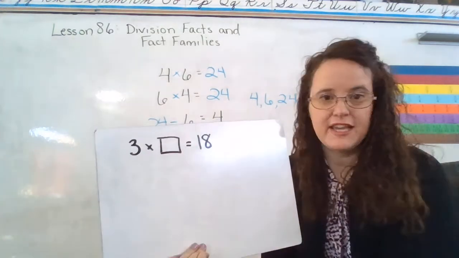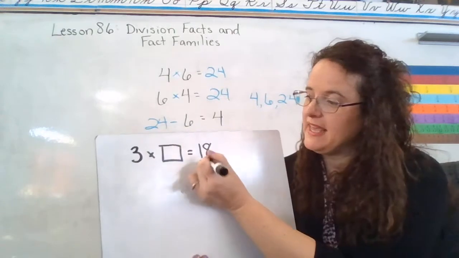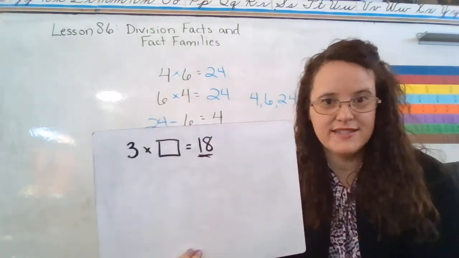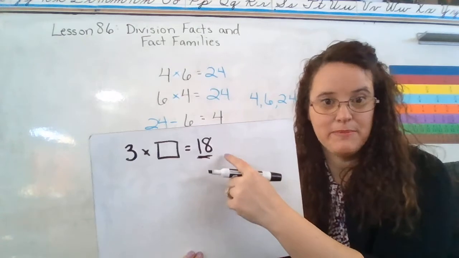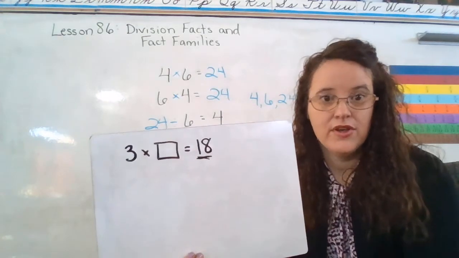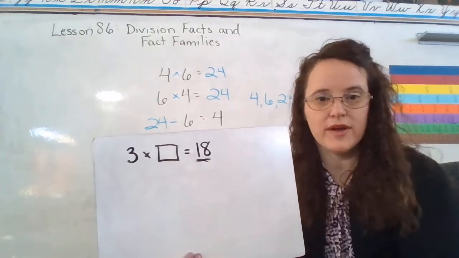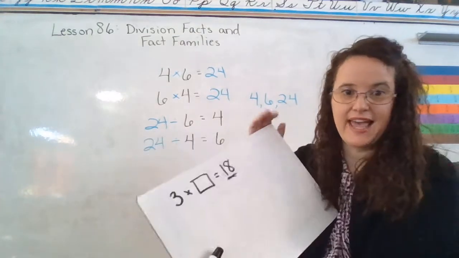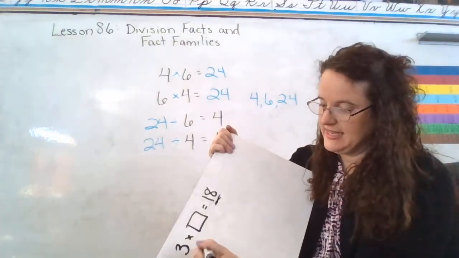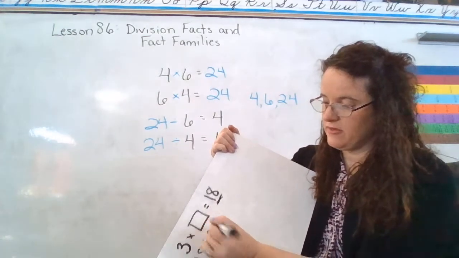It's a multiplication problem, so my big number goes at the end. I already have my biggest number. So now I can use division to figure out one of my small numbers. I could say, what is 18 divided by 3?